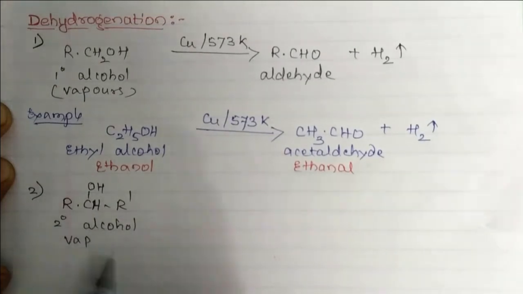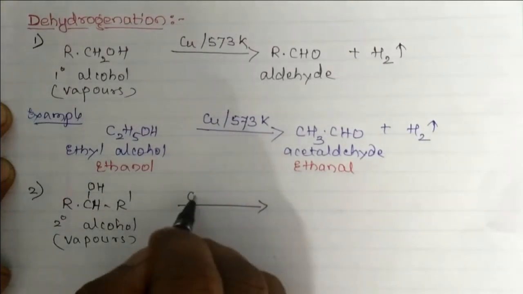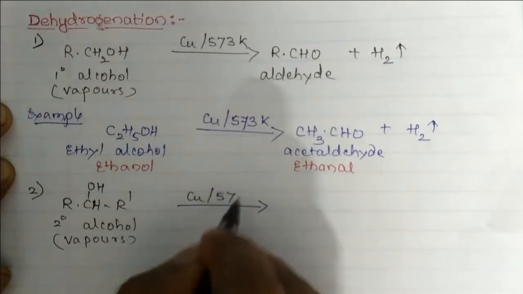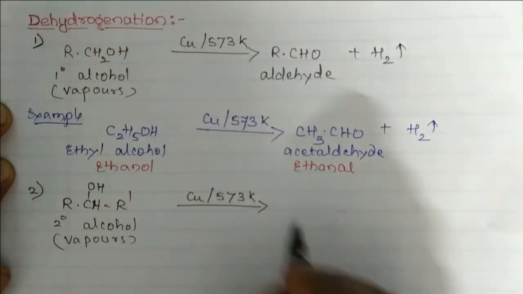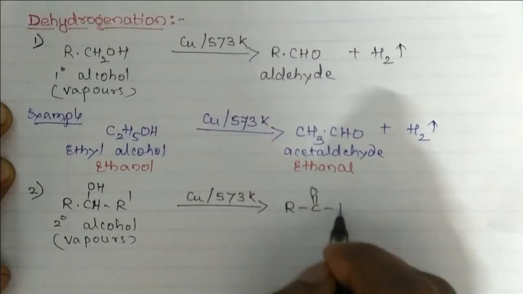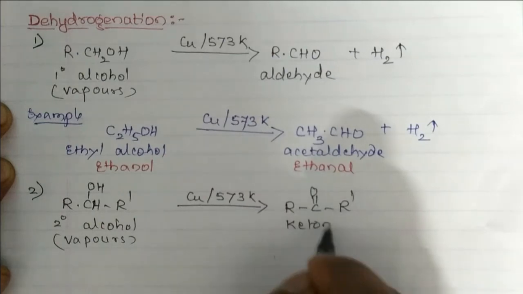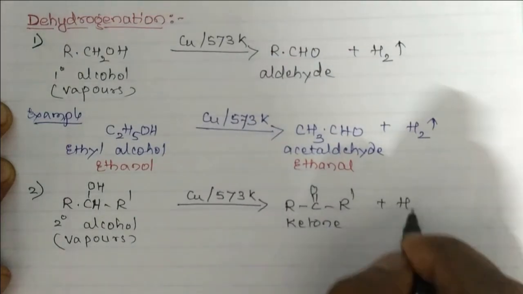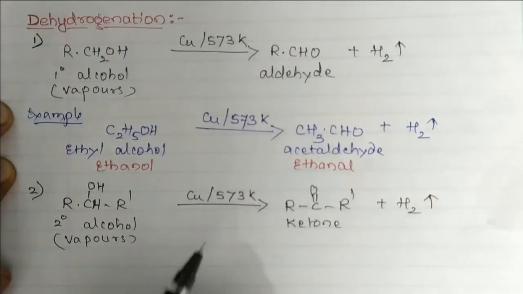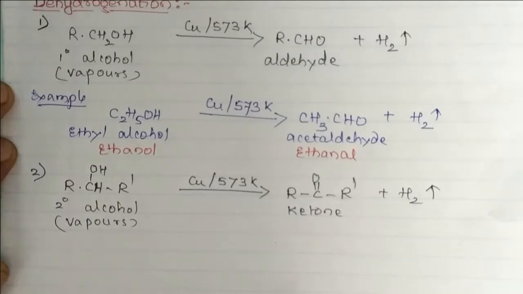Take vapors of secondary alcohol and pass them over the same catalyst, copper at 573 Kelvin, 300 degrees centigrade. You are going to get a ketone, COR', plus hydrogen gas liberated. This is the general reaction.